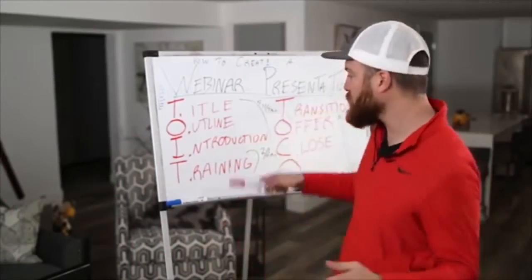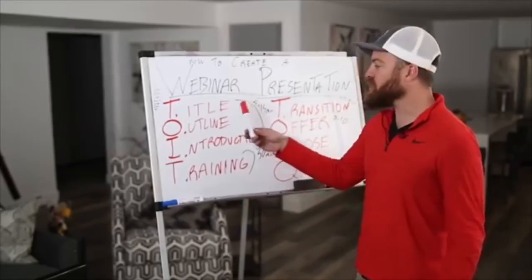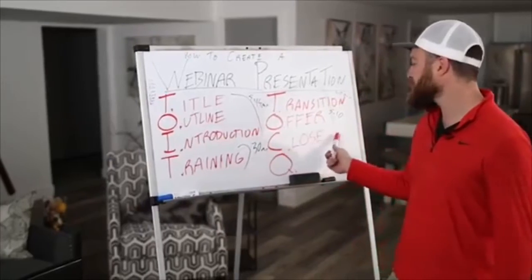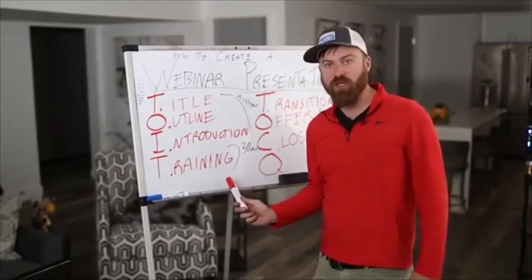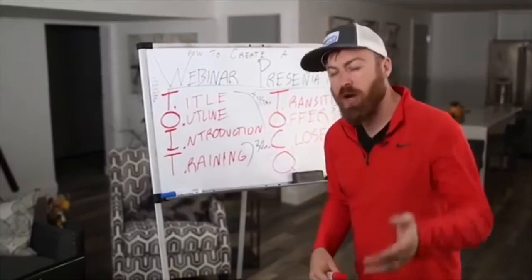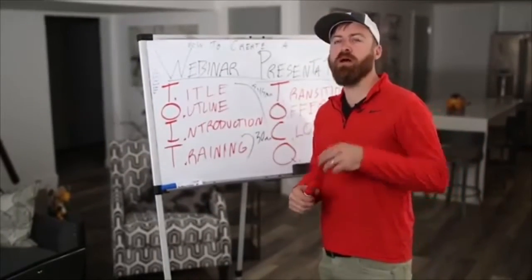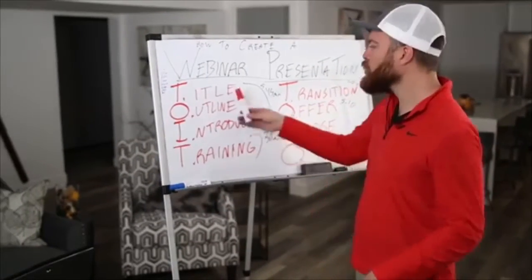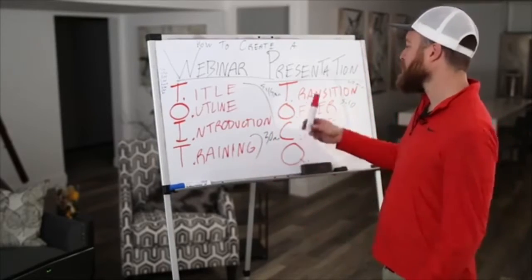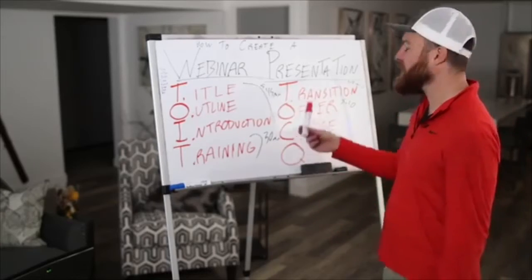Now, if you did this all correctly, you actually overcame every question that they would be asking at this point in your presentation itself. Any question that they'd be asking, like, can I talk to you afterwards? Or, how long do we work together? You should have overcome every one of those objections within your training, your introduction or your training itself.